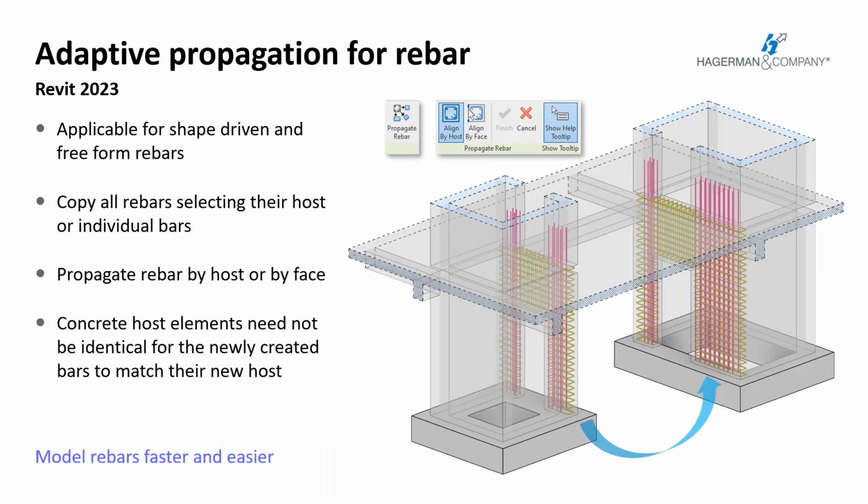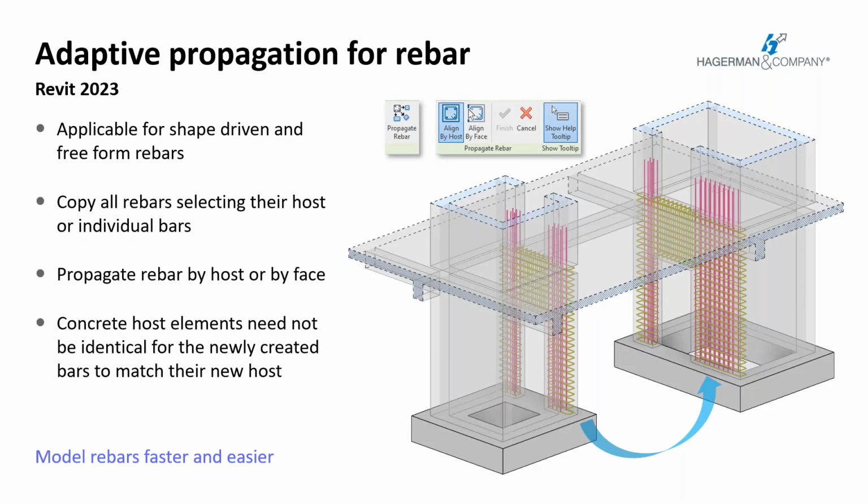All right. Revit 2023 introduces adaptive propagation features for rebar to increase your productivity in detailing concrete structures. When you're working on a design that has similar concrete elements, you can quickly and accurately copy shape-driven rebar from one concrete host to another.